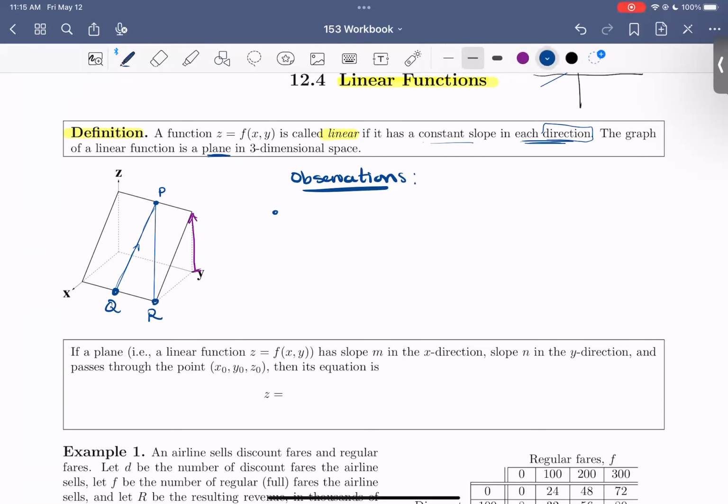So we could say that our climb is steepest, or steeper, along R to P than, let's rewrite that, Q to P, because again, we're going less distance along the plane, but we're getting the same height.